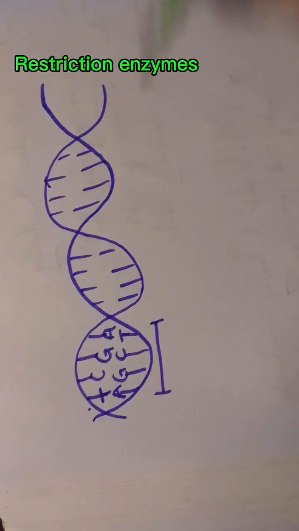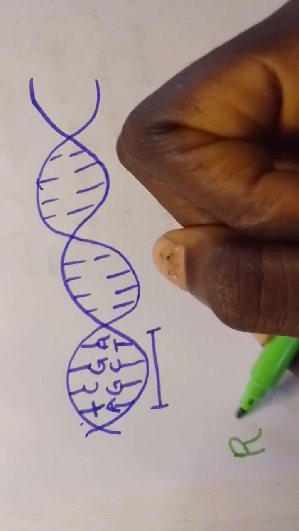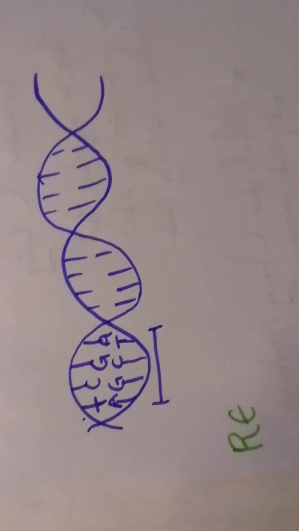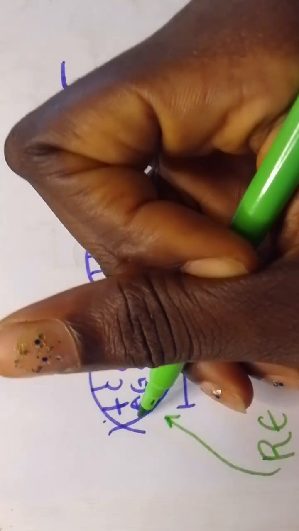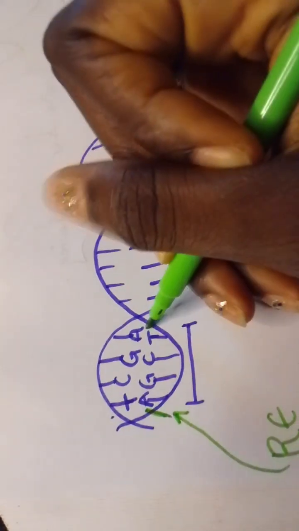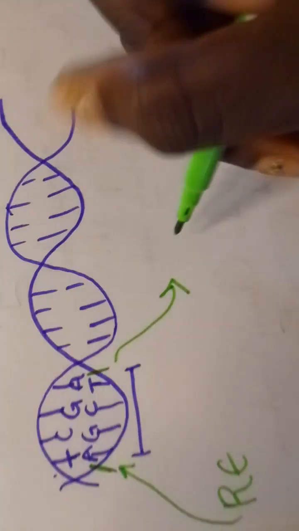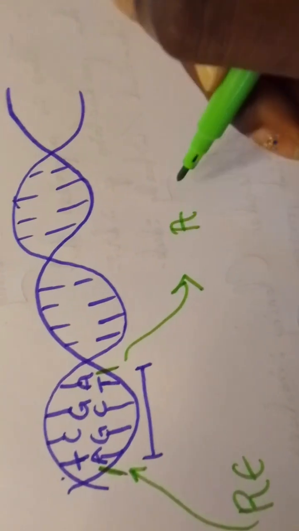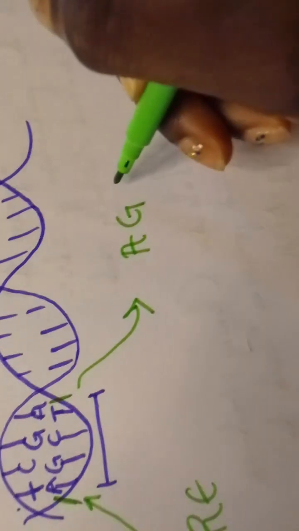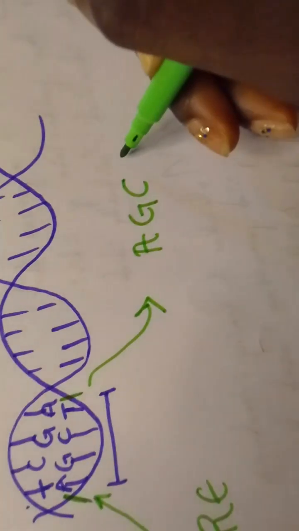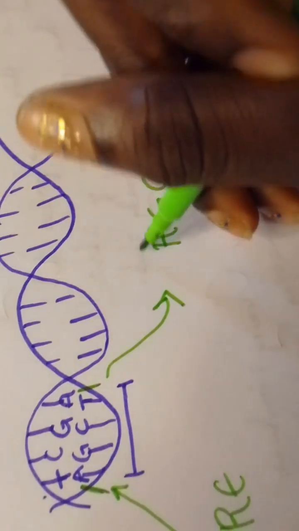They are called restriction enzymes, RE. The restriction enzymes would go to the DNA segment and then cut and cut. And then we will have that DNA segment, that particular gene of interest, set free.